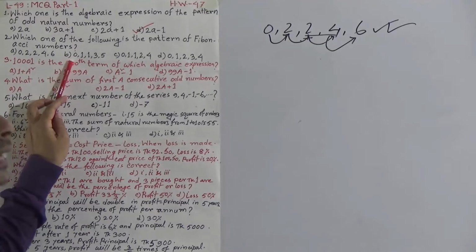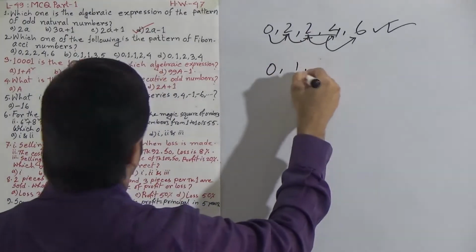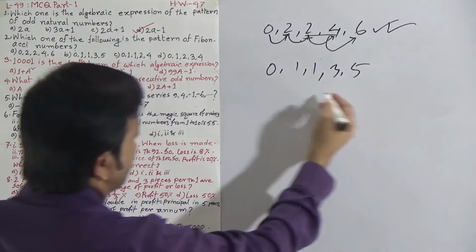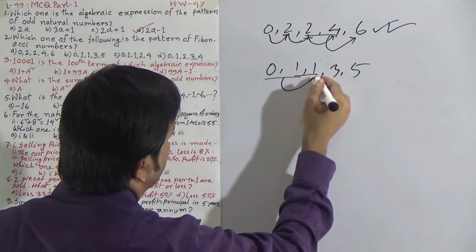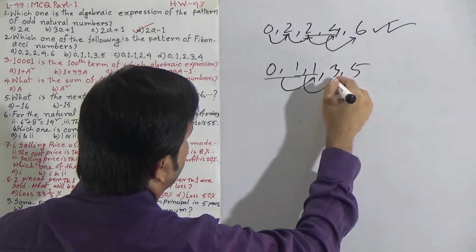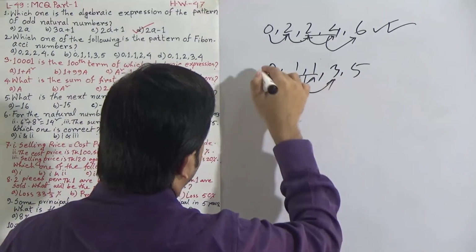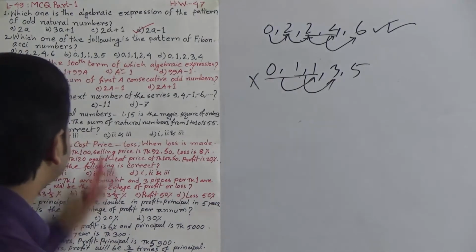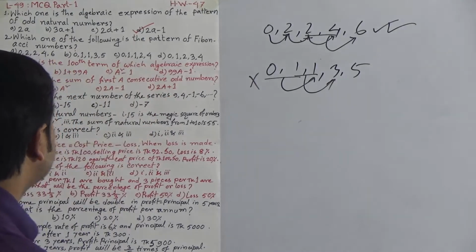And we can check B. In case of B, the pattern is 0, 1, 1, 3, 5. Here sum of these two is 1. Sum of this 1 and 1 should be 2, but here is 3. So this pattern is not a Fibonacci pattern. Now consider this one.